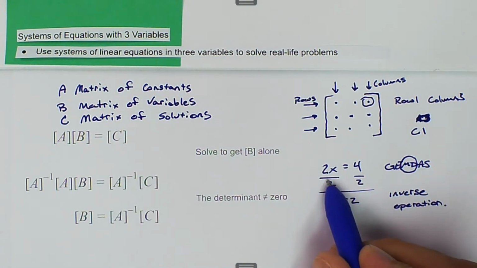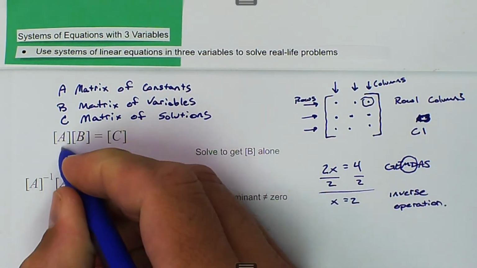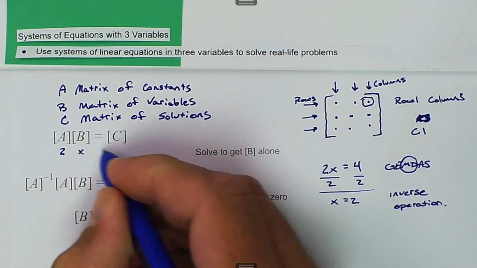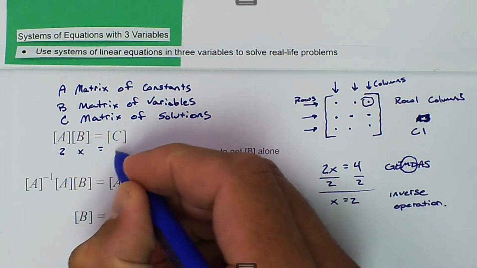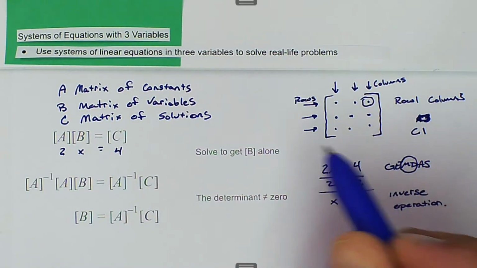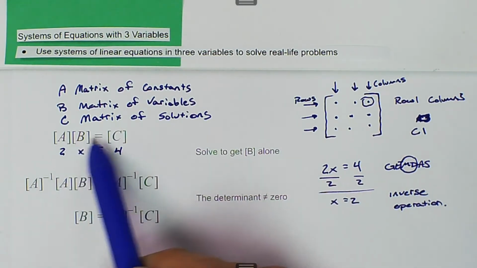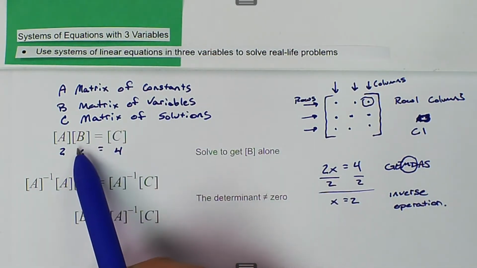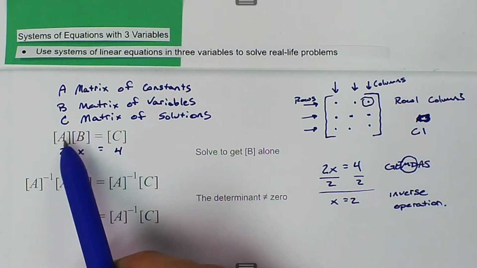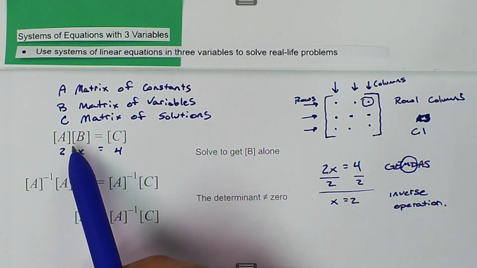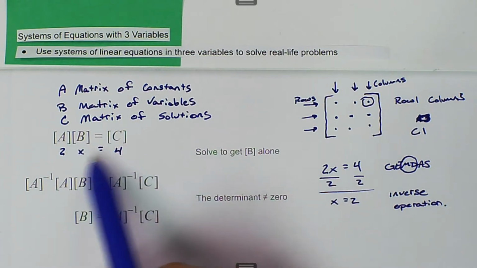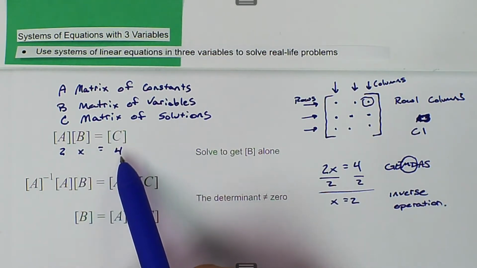So it kind of looks like this equation here, where we have 2 times a variable is equal to the answer. However, when we have matrices, we cannot divide by the matrix. We cannot divide this side by matrix A and this side by matrix A and get the answer.